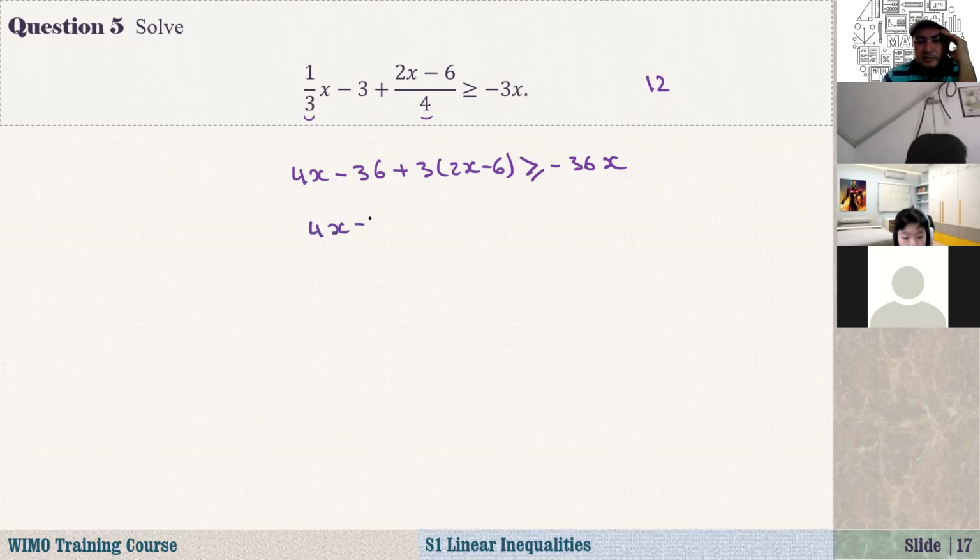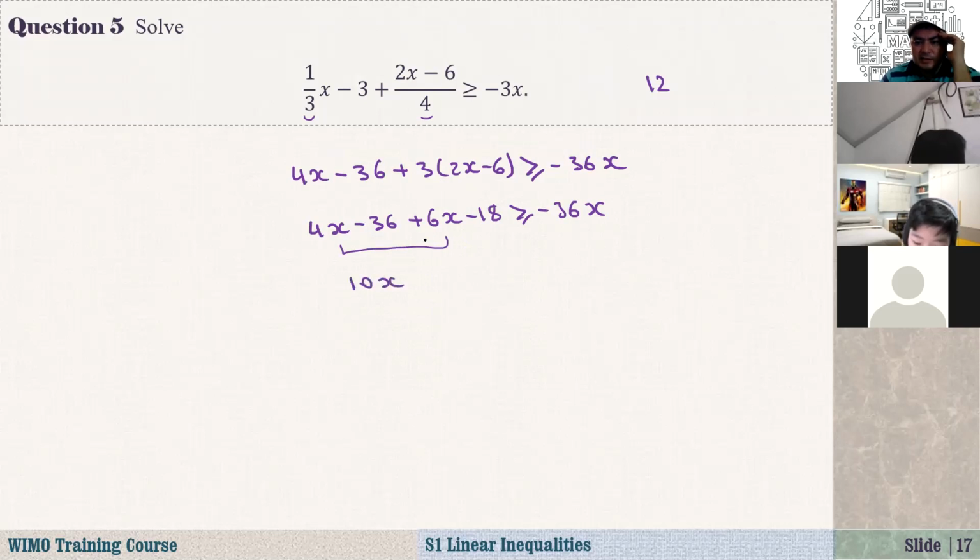So now let's simplify this. 4x minus 36, 3 times 2, it is 6x minus 18, greater than or equal to minus 36x. Now if you simplify this, 4x plus 6x, that is 10x, minus 36 minus 18, minus 54, greater than or equal to, still I have on the left minus 36x.